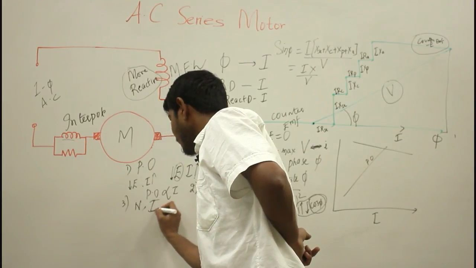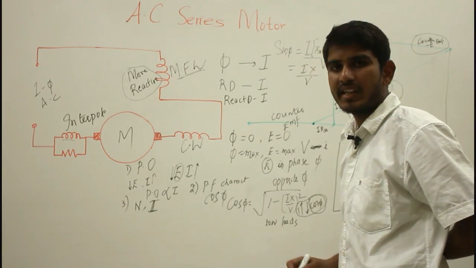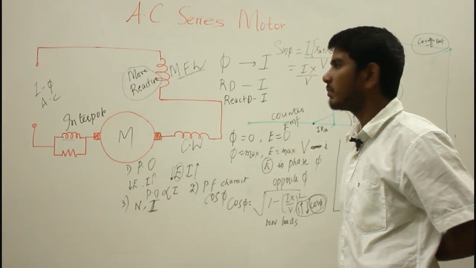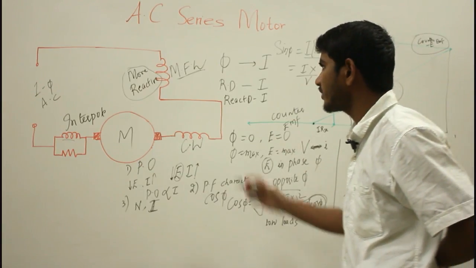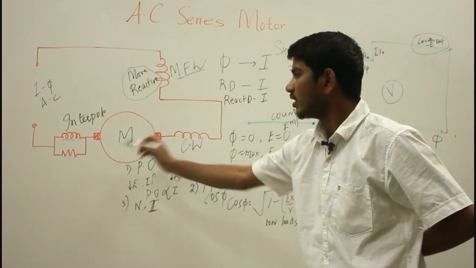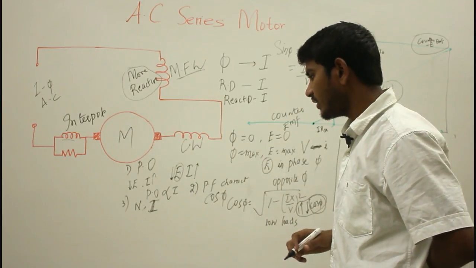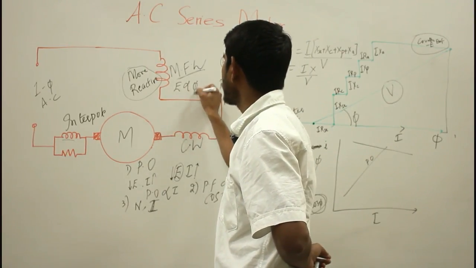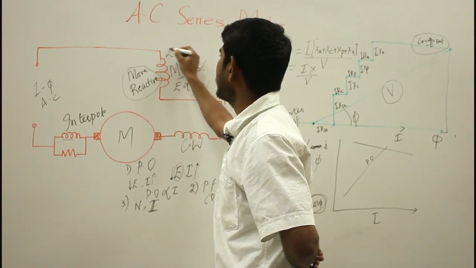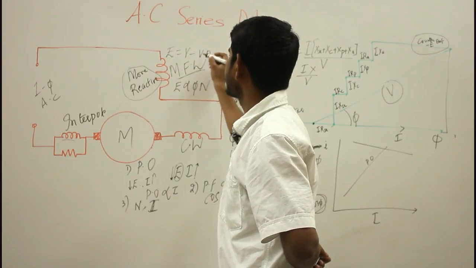Now the next characteristics you are having is the speed and current. Now here we have seen, in case of DC transmission there are only resistive drops, but in case of AC transmission, in addition to the resistive drops, you are also witnessing the reactive drops in the windings. Therefore the counter EMF generated will be less, because as we know E is proportional to phi n and E is also equal to V minus voltage drops.